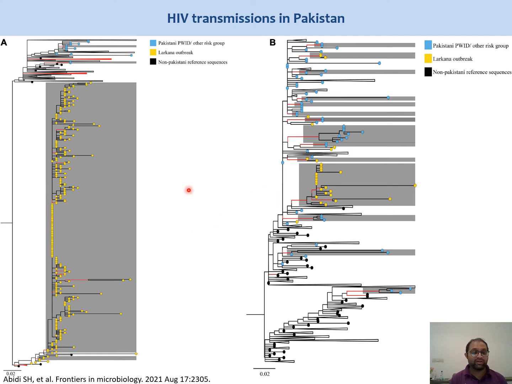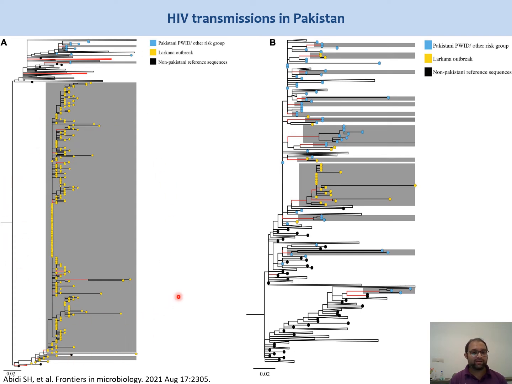If you put these three phylogenetic trees together, the situation that emerges is that HIV, especially in the Larkana region, was there in the high-risk communities. It got transmitted nosocomially into children, and it was not just acquired in 2019 when the outbreak happened. This has been happening for quite a number of years.